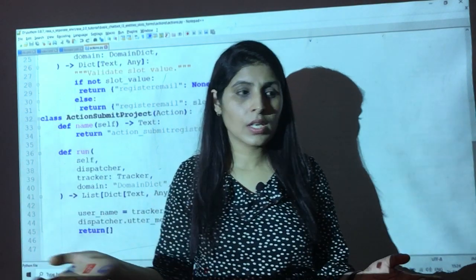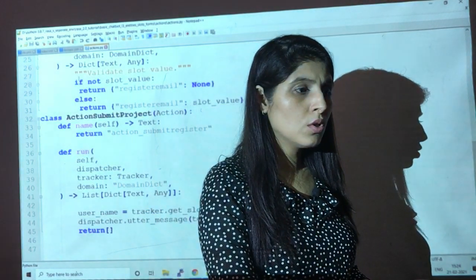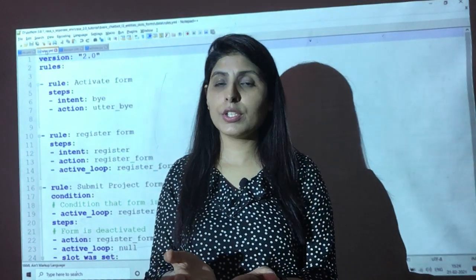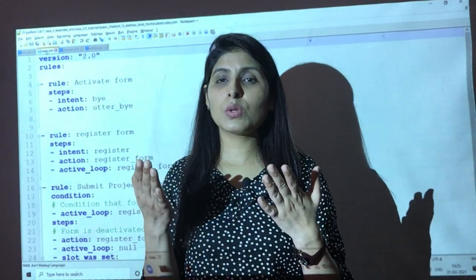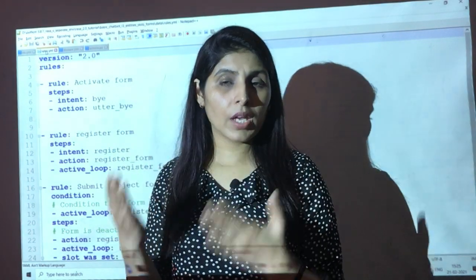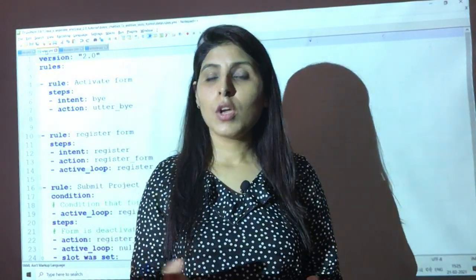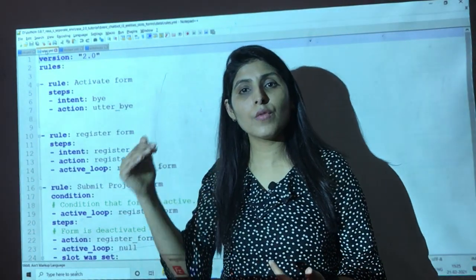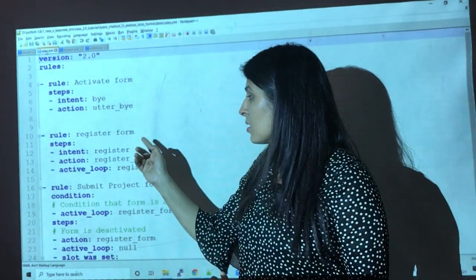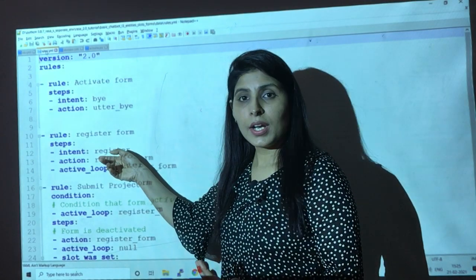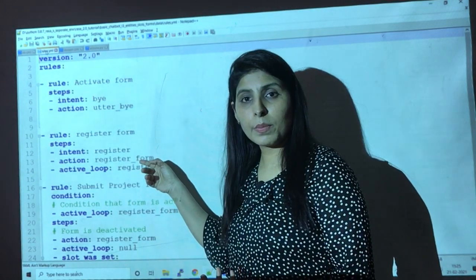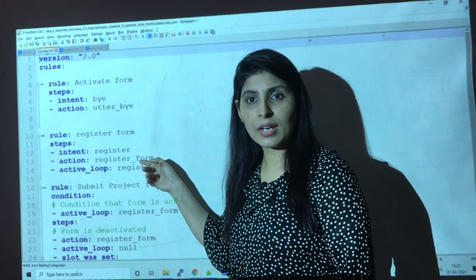And then under the rules.yml file, remember the rules.yml file, I have already told you that this is new in Rasa 2, and whenever you are creating forms and you want to use a form, we write the sequence over here, meaning how we want to execute the steps. When the register intent comes, when the user is saying I want to register, then the next step should be that the form gets activated.